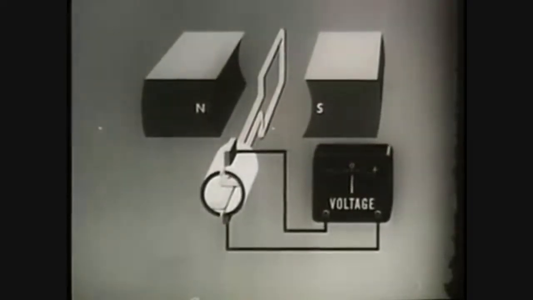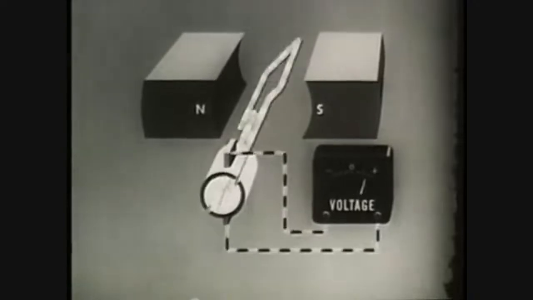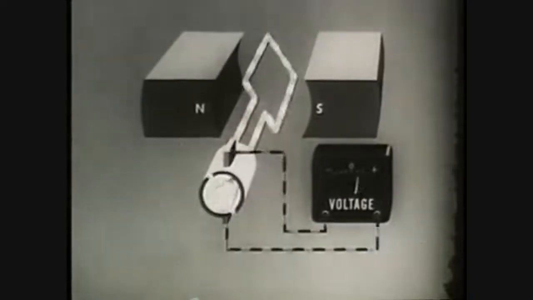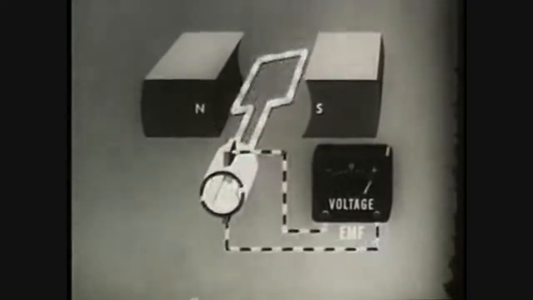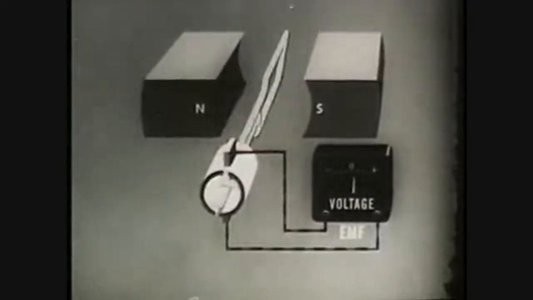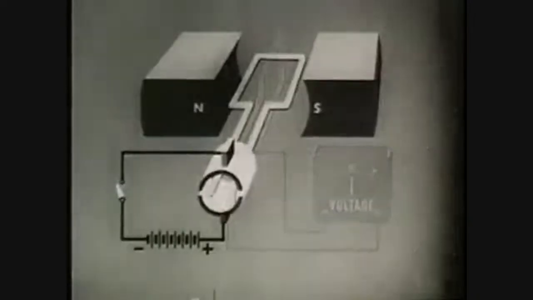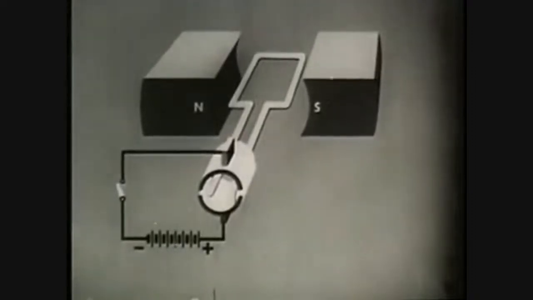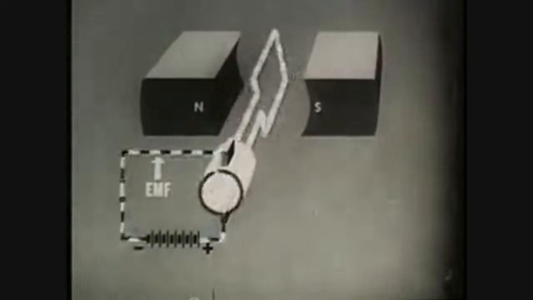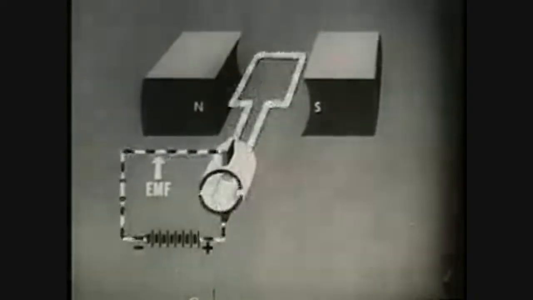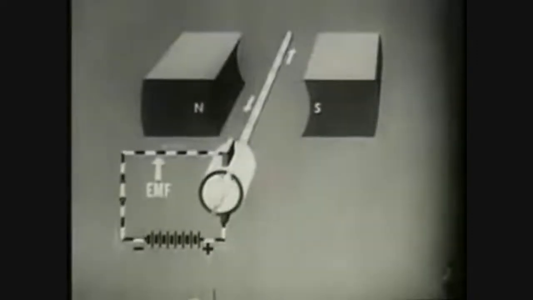We saw earlier that when a conductor is moved by mechanical energy in a magnetic field, an EMF is generated. This is generator action. In the DC motor, when rotation is desired, it is necessary to apply an EMF to the conductor. However, when used as a motor, an opposing EMF is also generated in the conductor.